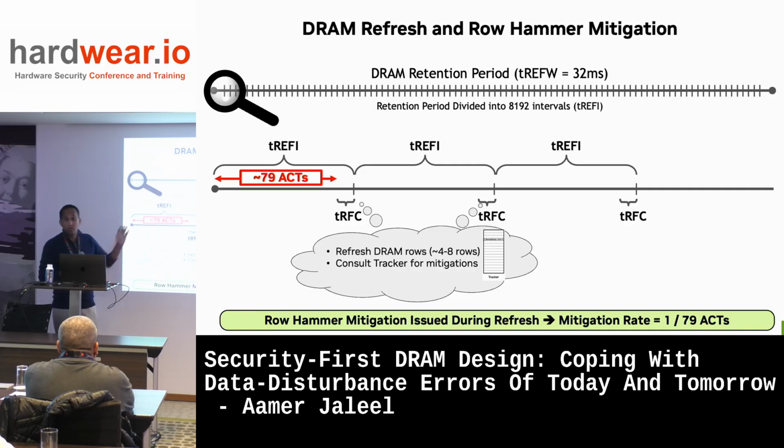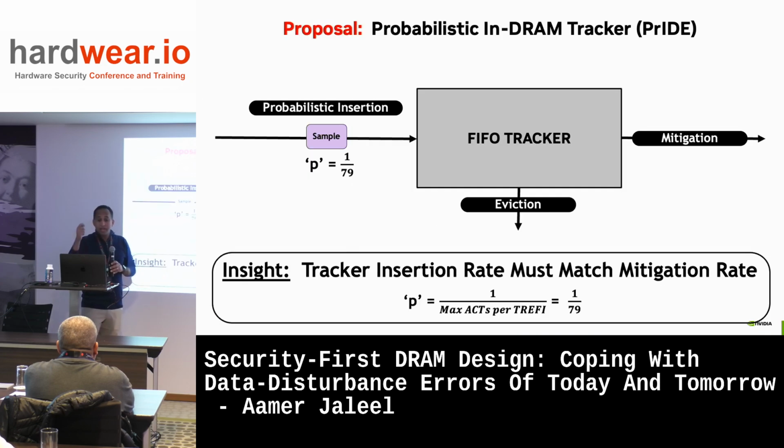So in our example, a mitigation occurs roughly once every 79 activations. So using that observation, the insight is the following. Your tracker insertion rate must match your mitigation rate. By doing this, we will not overwhelm the tracker, and we'll hopefully not have too many retention failures or insertion failures. So that's the policy that we're going to use.